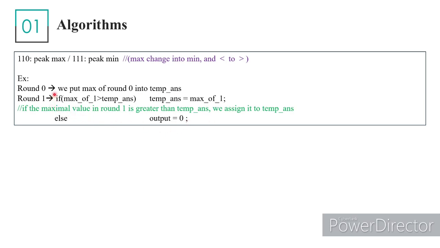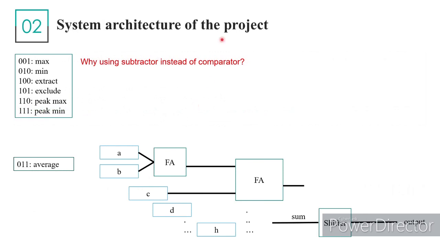You can notice that we have a comparison here. I write it this way for convenience. I will still use subtractor as our comparator here. So why do we use subtractor in this circuit instead of using a comparator directly?